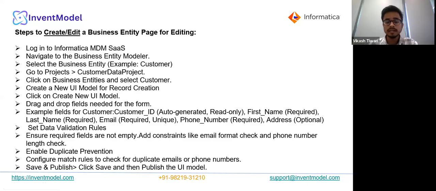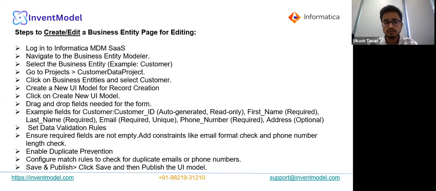Click on create a new UI model and drag and drop the fields needed for the form. Since you are creating a form, drag and drop only the things you want to add in your creation page. For example, customer ID, first name, last name, email, phone number are attributes you can add. Set data validation rules.